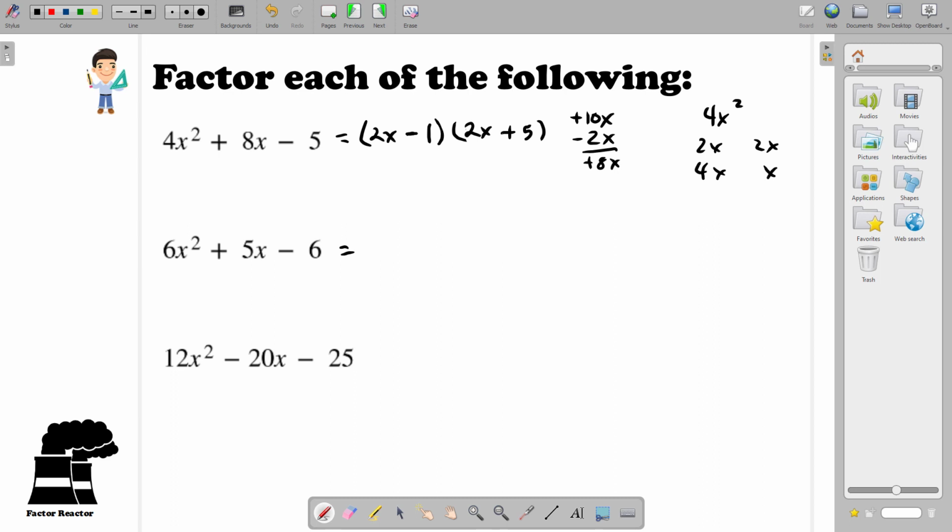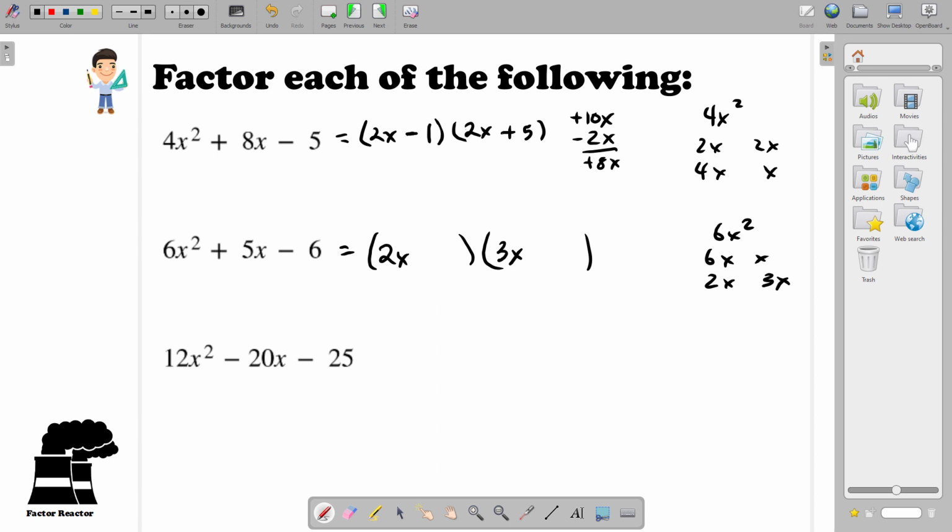If we take a look at this one, we've got our 6x squared and 6. So for 6x squared, we've got 6x times x, 2x times 3x, and that's about the only sets. So most people would start with what seems to be the logical choice.